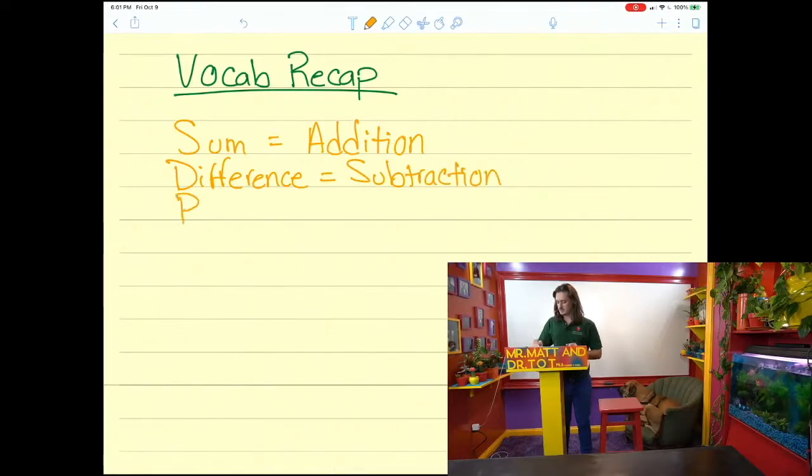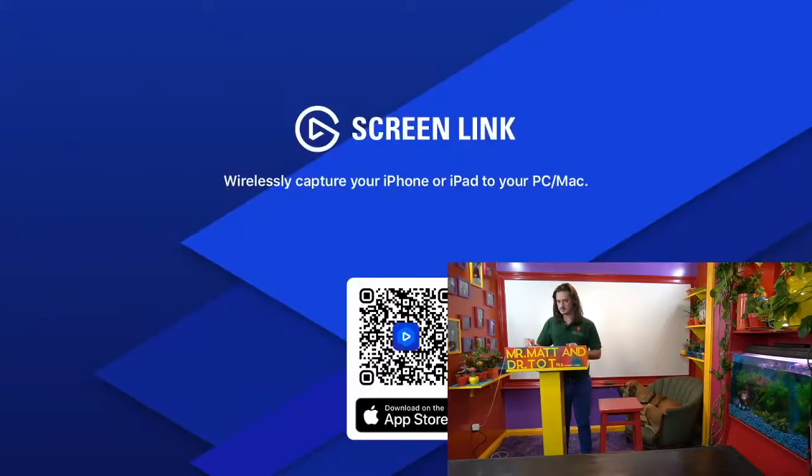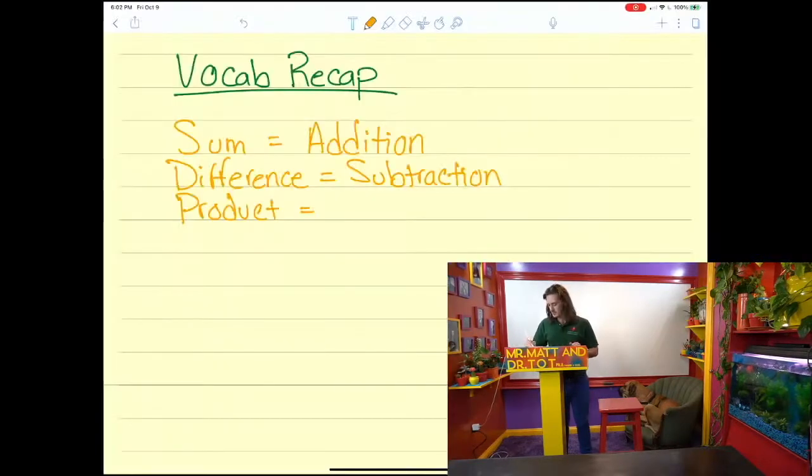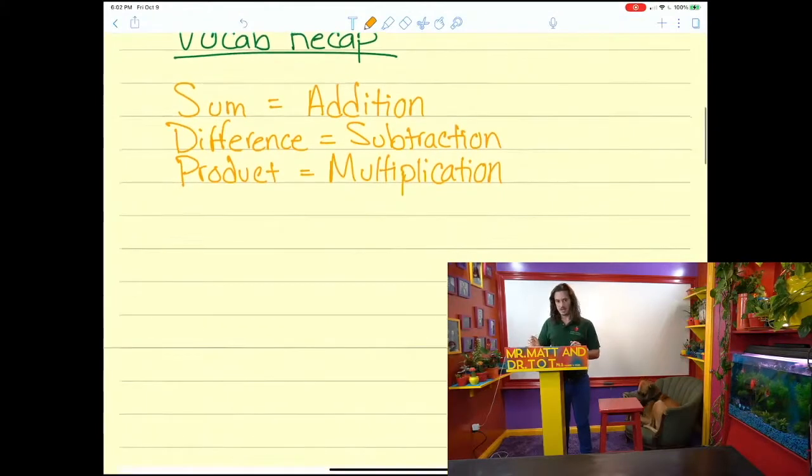The product implies multiplication. Sorry about that, my iPad disconnected there. Let me connect it again. So the product implies multiplication because it's the answer to a multiplication problem.